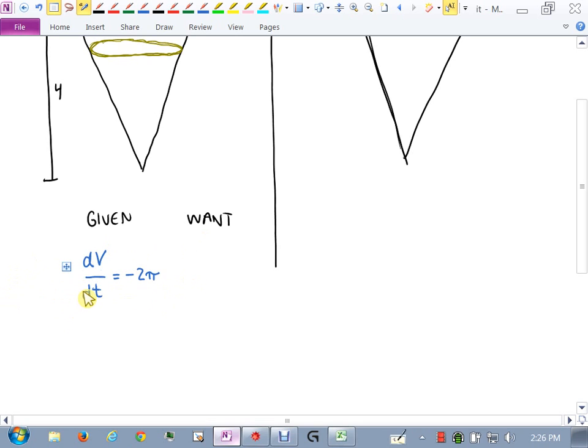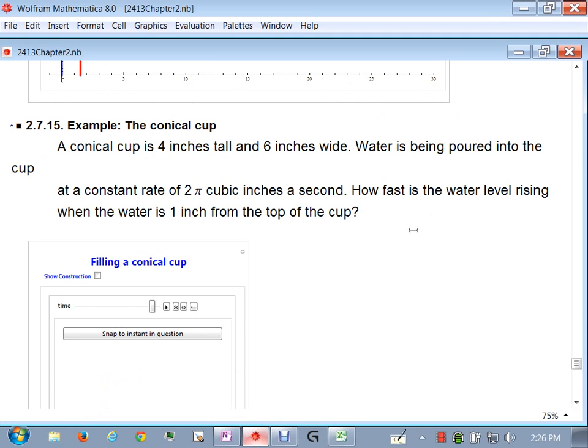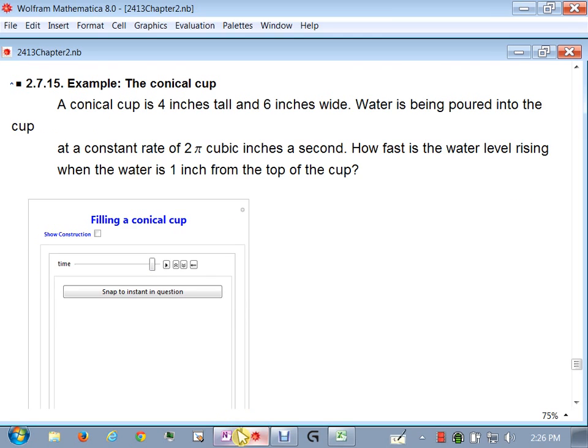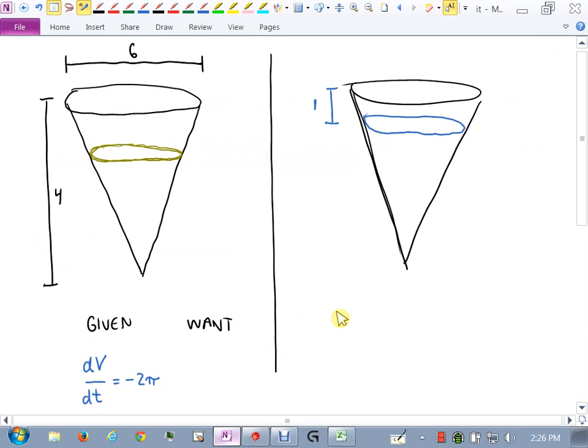All right, so what do we want? How fast is the water level falling when it's 1 inch from the top? So come back to your picture. We need the water level in our picture.